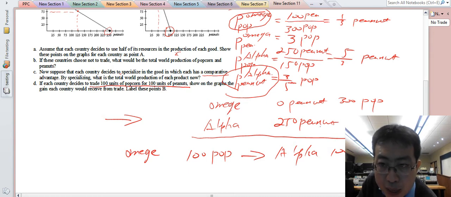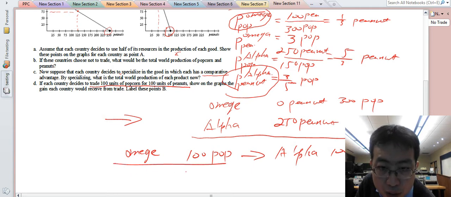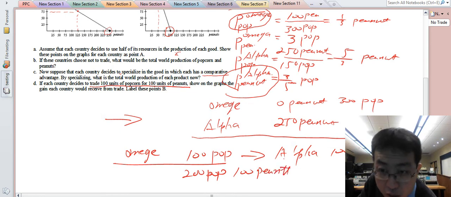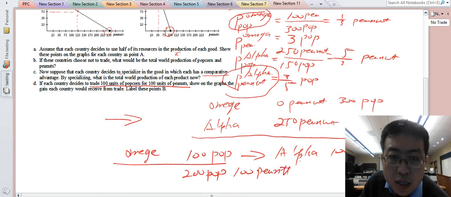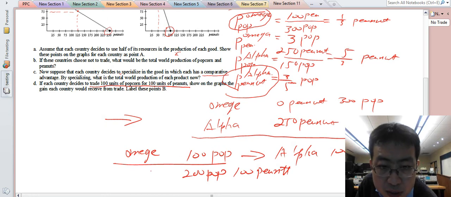Omega produced 300 popcorn, but we're going to send 100 to alpha. So omega will only have 200 popcorn left. But we also gain 100 peanuts, because we got them from alpha, right? Because alpha is sending back 100 peanuts. So for omega, the consumption will be 200 popcorn and 100 peanuts.